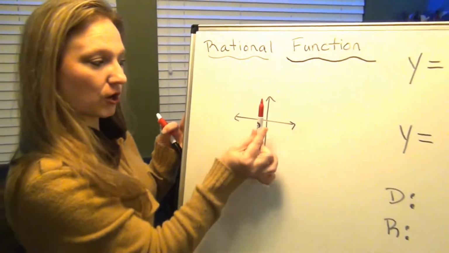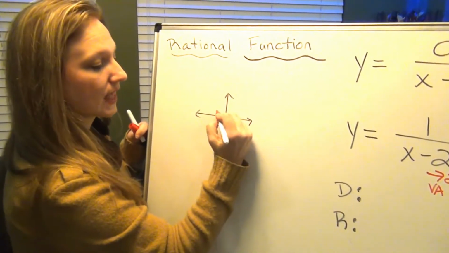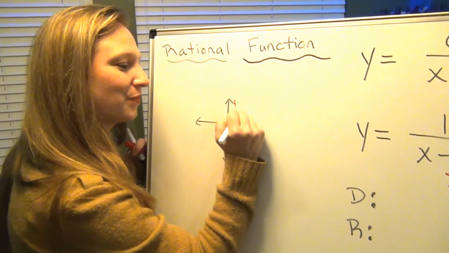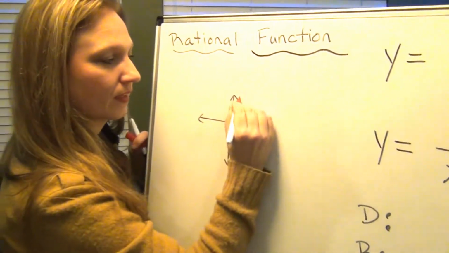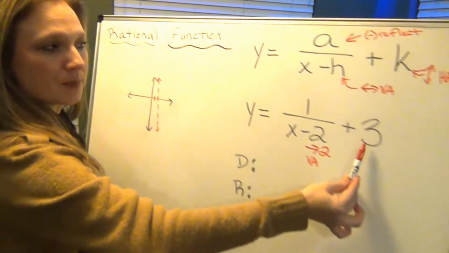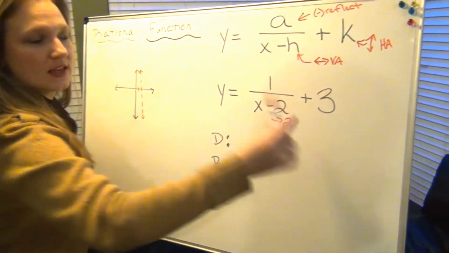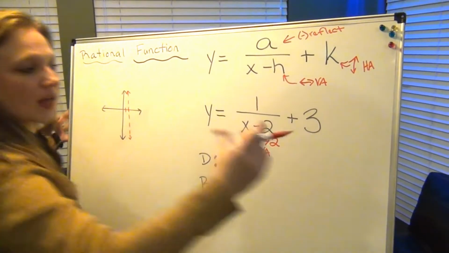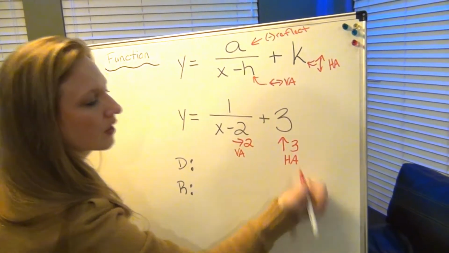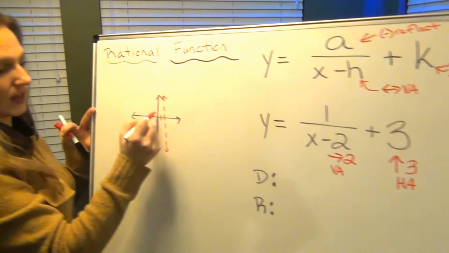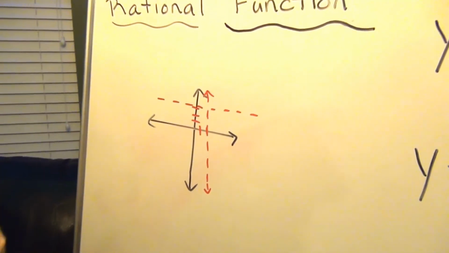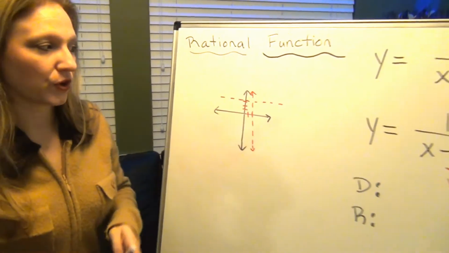We're going to shift our vertical asymptote to the right 2. All right, there is our vertical asymptote. The plus 3 is the k, so that's going to shift our horizontal asymptote up 3. So I'm going to draw my horizontal asymptote up 3. So that's kind of my guideline for the graph.